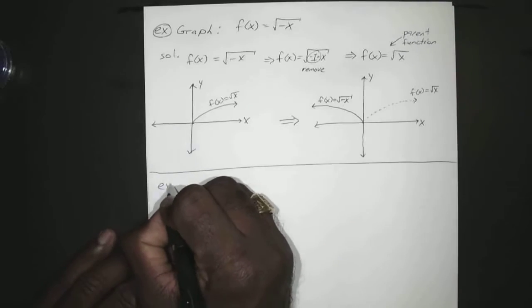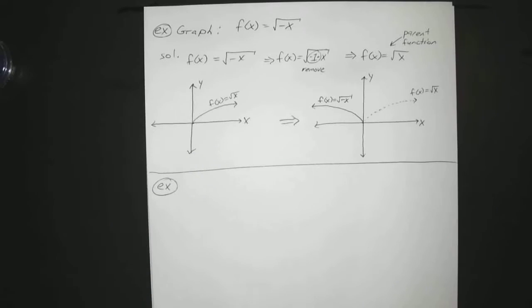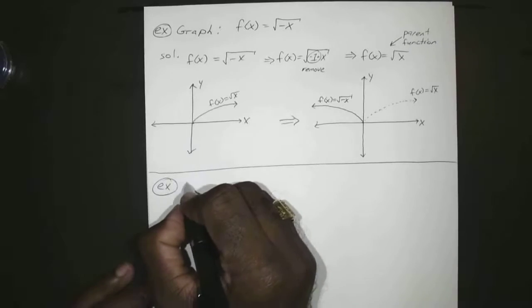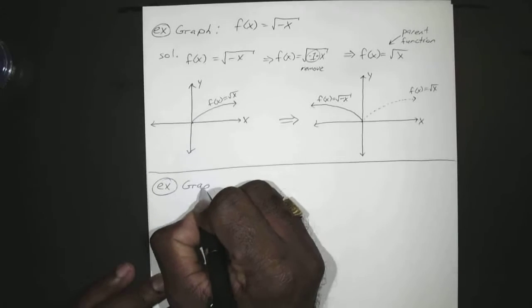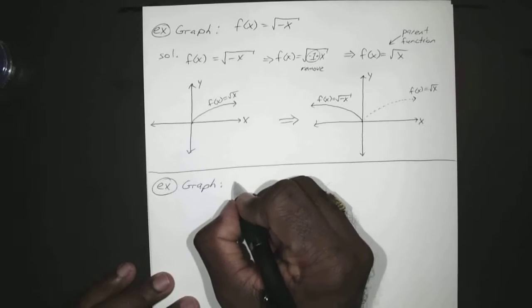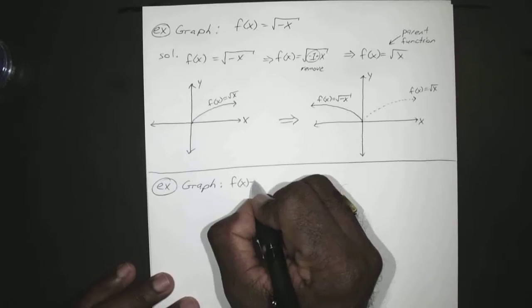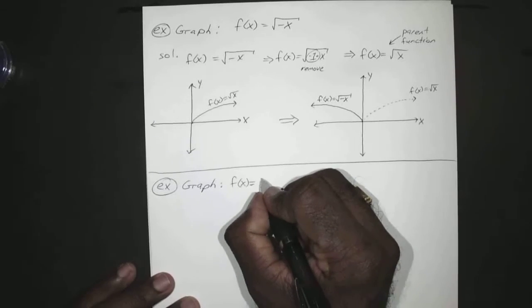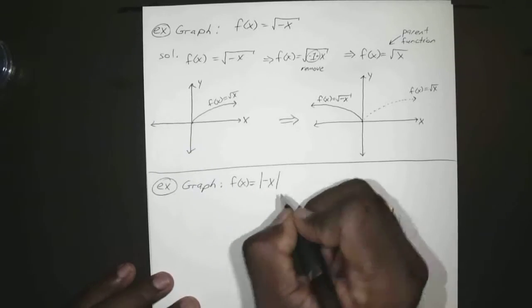another one. Actually, with x squared and absolute value of x, if you flip it across the x-axis, you end up with the exact same graph. So let's say, for example, if you wanted to graph f of x equals absolute value of negative x.